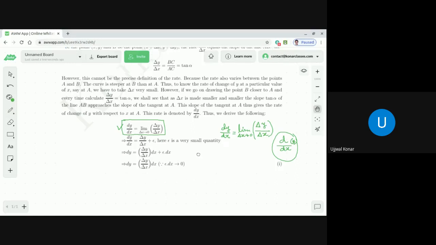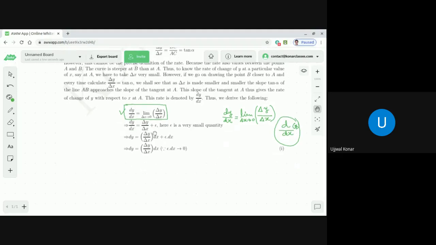That means the actual value of dy dx should be equal to delta y by delta x plus epsilon, another small value. Correct or not? Why so? Because it is a limiting value. If I say find a limiting value of 2, you can say it is 1.999. Someone else can say 1.99999.